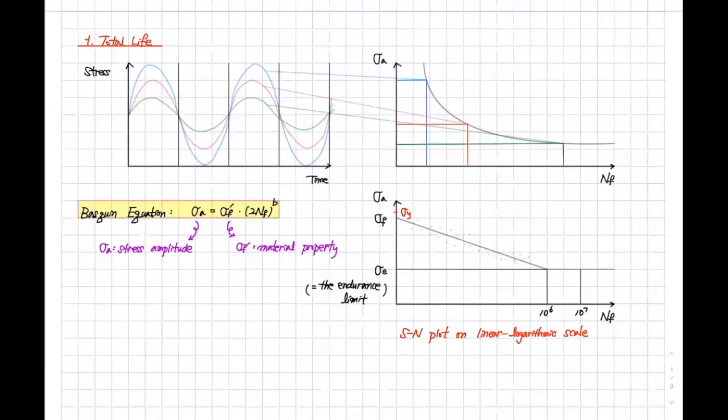Let's take a log here. You do a little math here. When you take the log, log sigma A equals log sigma F prime plus B times log 2 N_f.